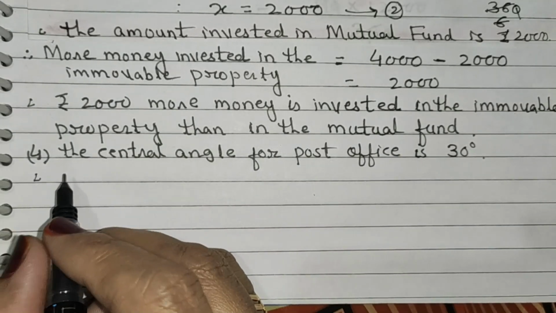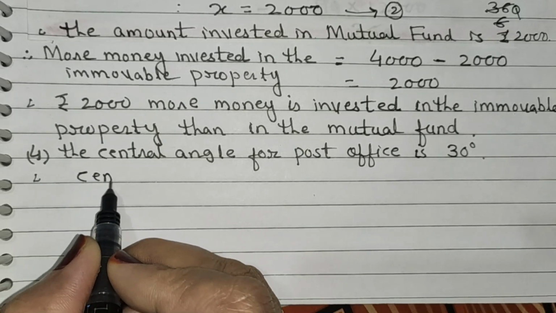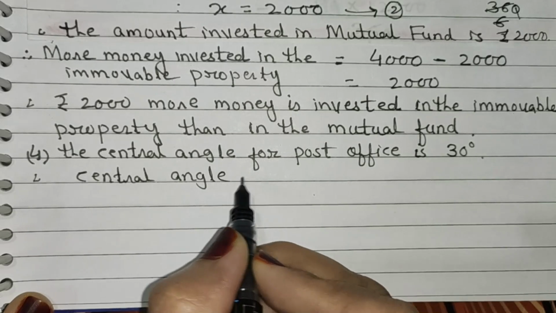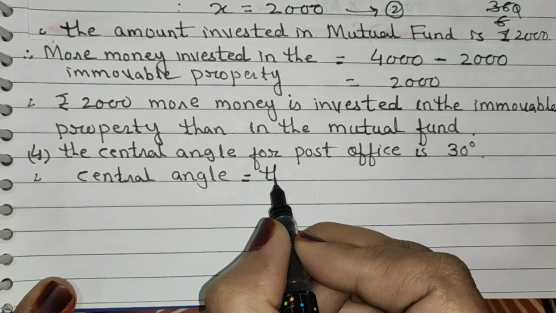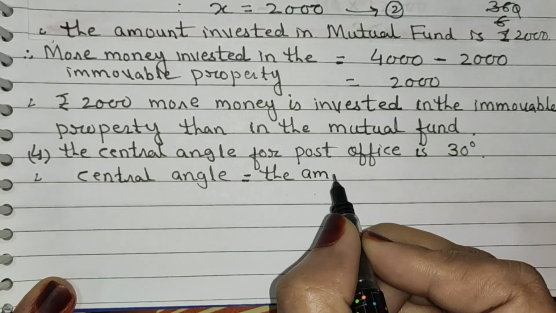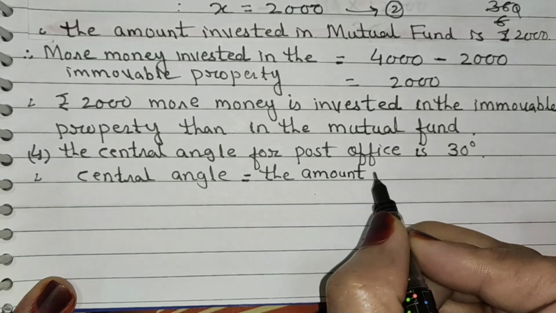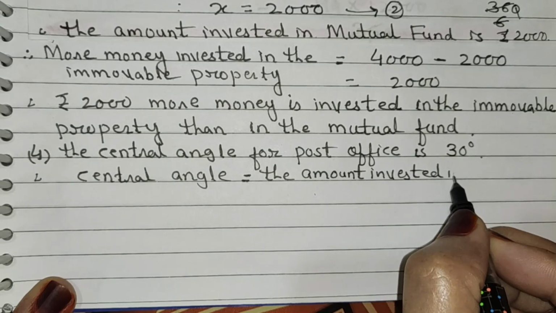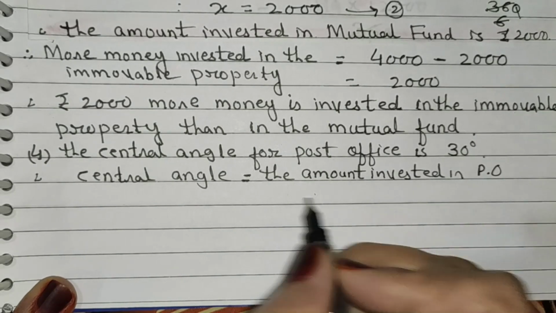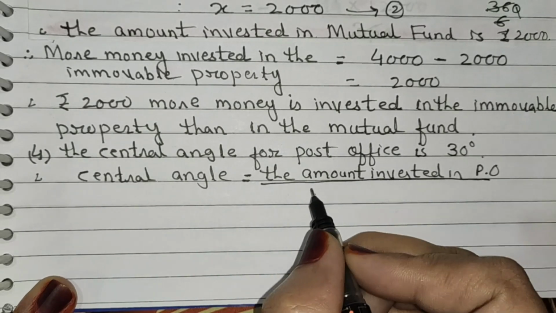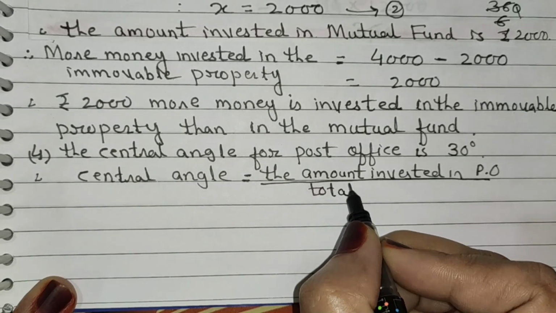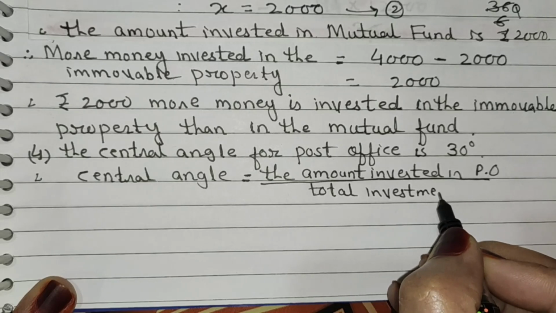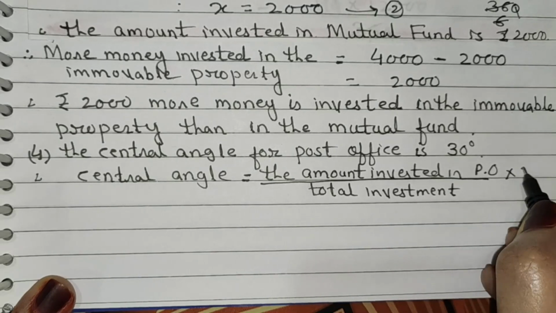Therefore, by using the formula, central angle is equal to the amount invested in post office upon total investment multiplied by 360.